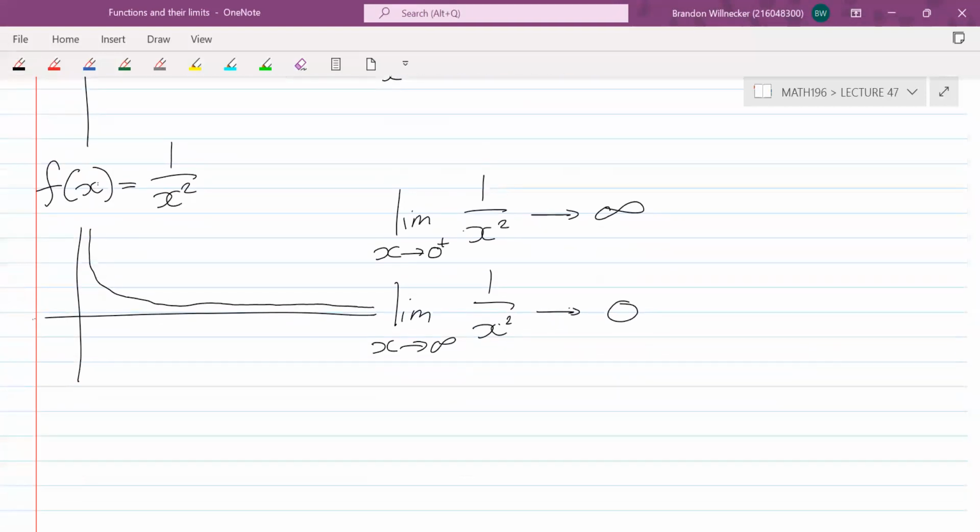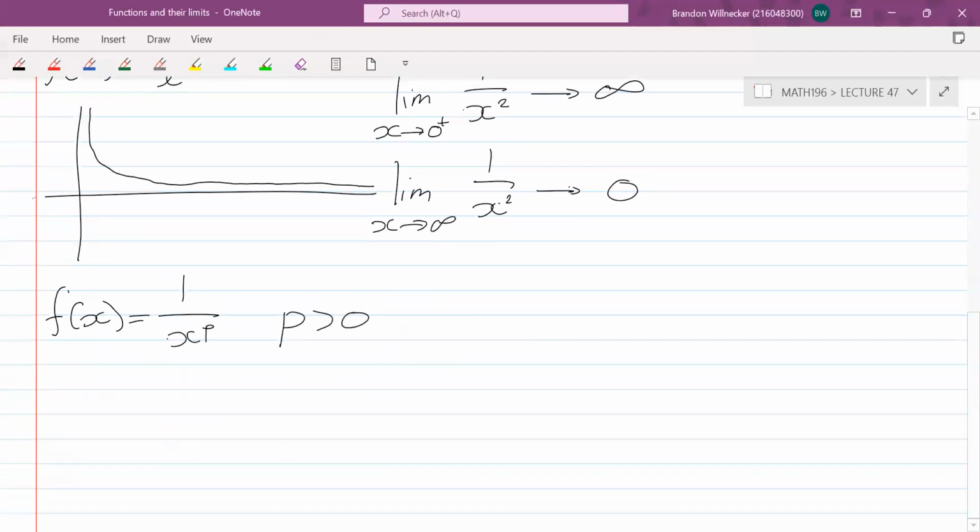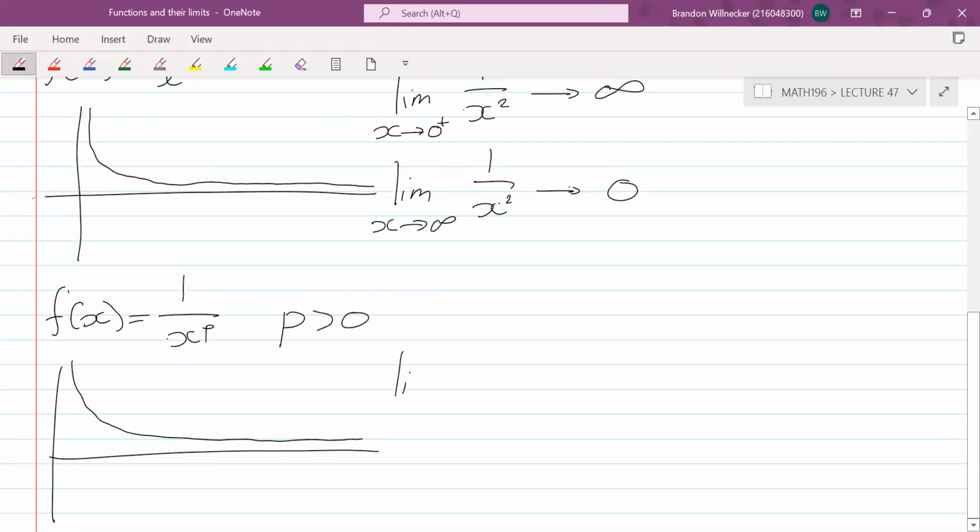Okay, now this works for any power as well. So if we have f of x is equal to 1 over x to the p, for example, where p is greater than 0. Okay, so remember, if you have a negative power, then this gets taken to the numerator again, so we don't want that. So in this case, it's going to be the same thing. It's going to be a decreasing function like this.